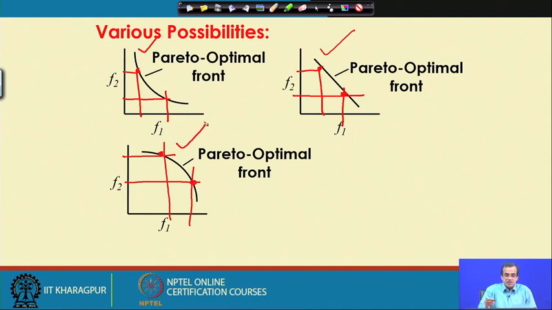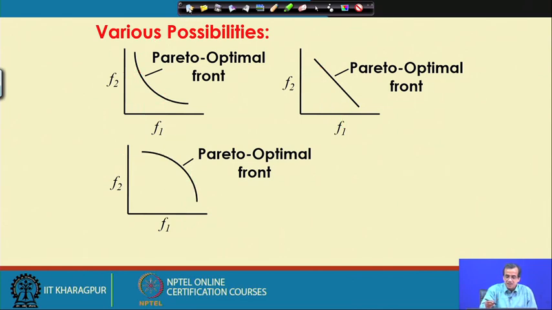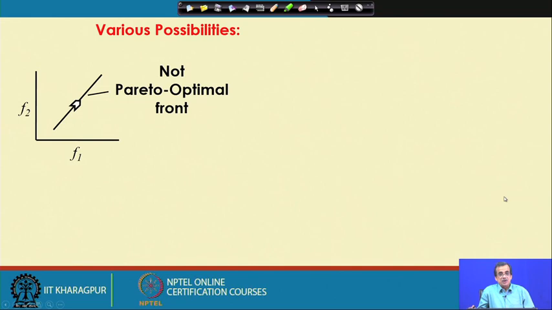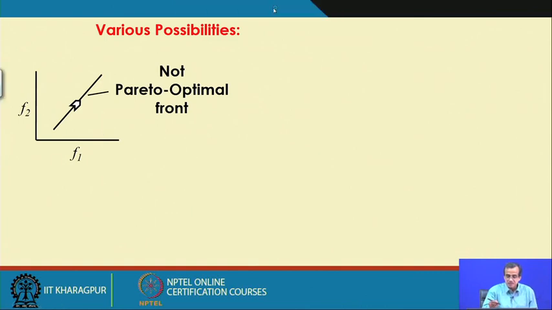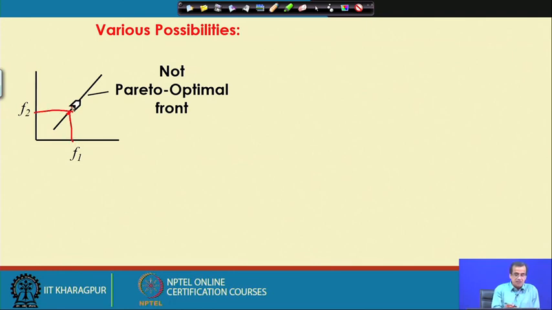Now, I am just going to take a few other examples where we can see that they are not valid Pareto optimal fronts of solution. For example, if I take this particular solution, this is f1, this is f2. Our aim is to minimize both f1 and f2. If I take a particular point here, this is my f1 and this is f2.